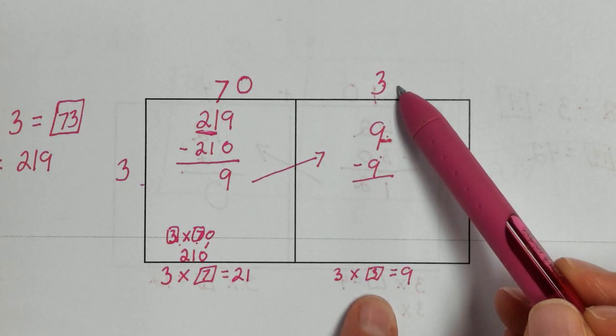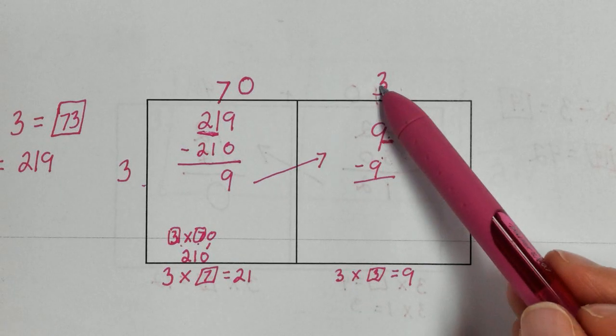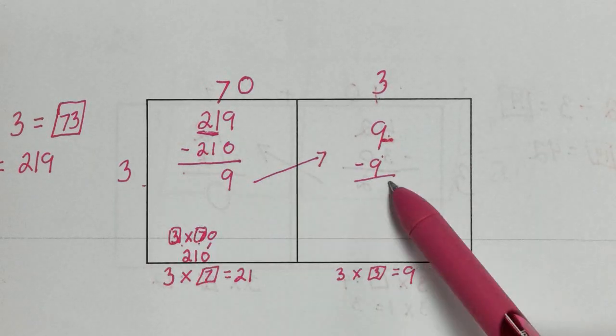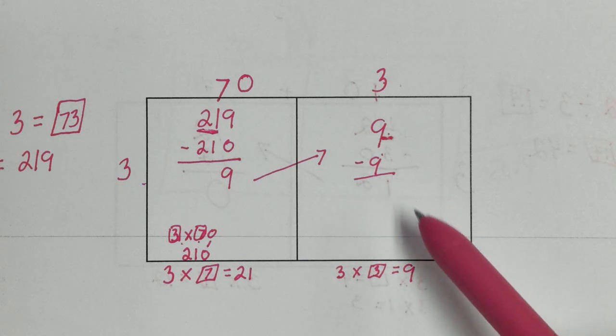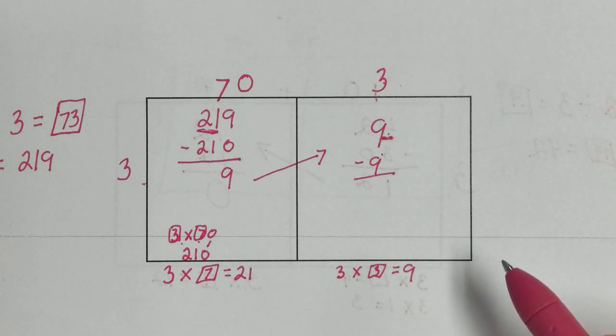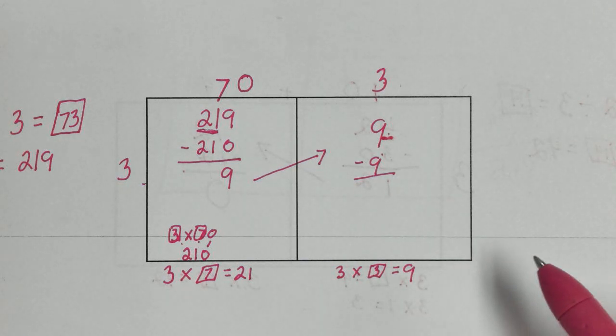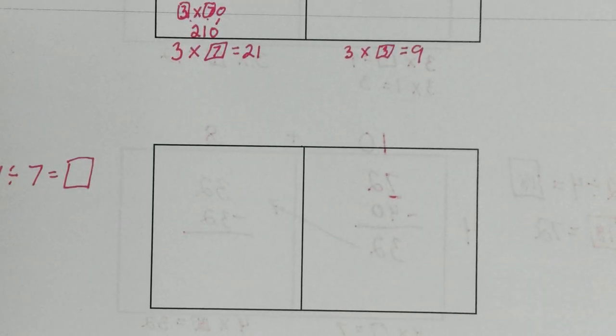Well, I know that 3 times 3 equals 9. So that's where I get 3 times 3 equals 9. All right. Does that help? Okay, pretty sure that is.